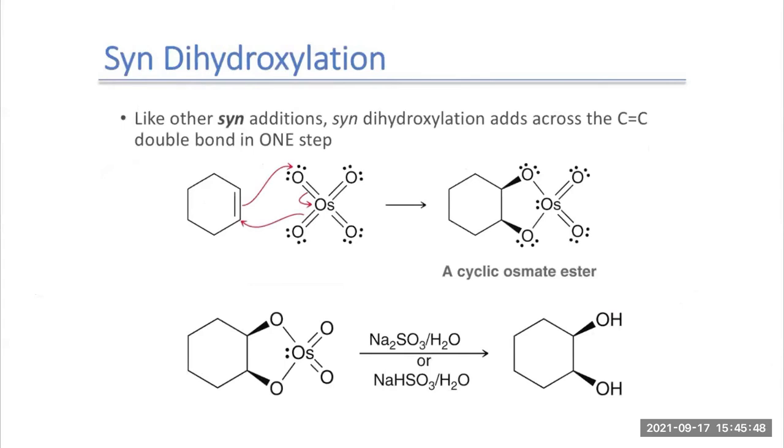So now let's talk about our syn dihydroxylations. We've seen how to add the alcohols when they're on the opposite side, but if we want the two alcohols on the same side, we have to go through a different process. And in this one, we're going to use osmium tetroxide to form a syn diol.